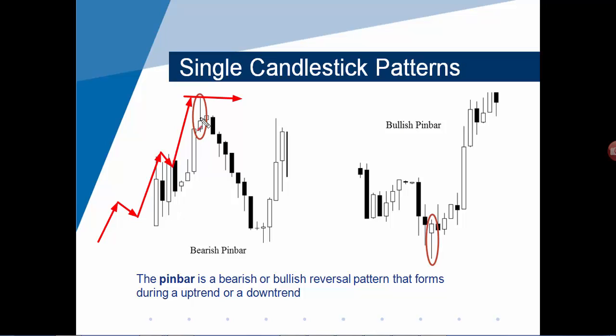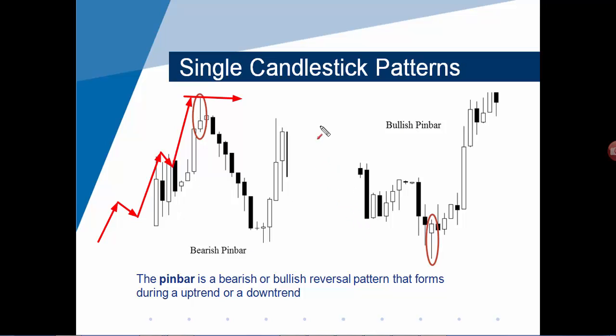When we're looking at a pin bar, we want to see the wick at least 3 times the length of the body of the candle itself. And the longer the wick, the more significant that signal becomes. As I said before, it represents a turning point in the market or a stall in price, at least temporarily. So once we see this, we have an idea of what is going to happen next.